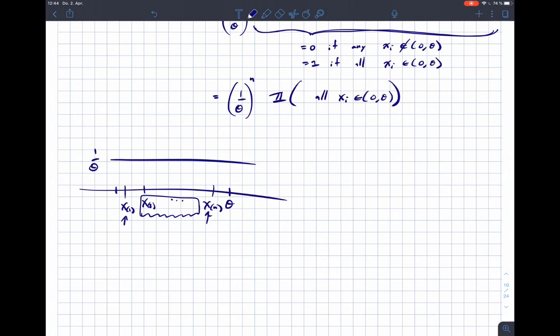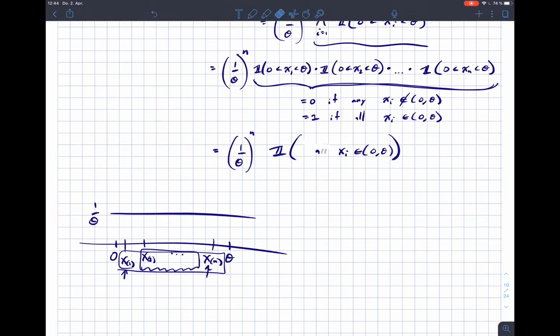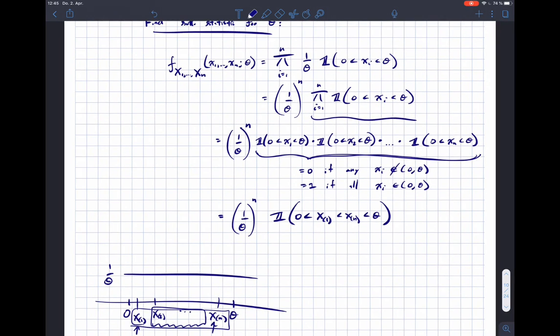So if all of them are between 0 and theta, I can write this as the smallest one has to be greater than 0, and I know the largest one has to be greater than the smallest one, and that one has to be less than theta.